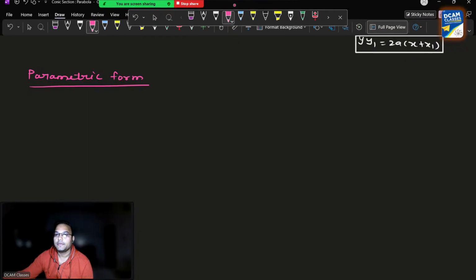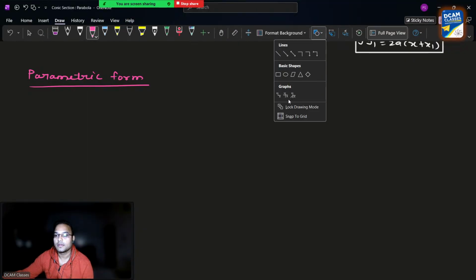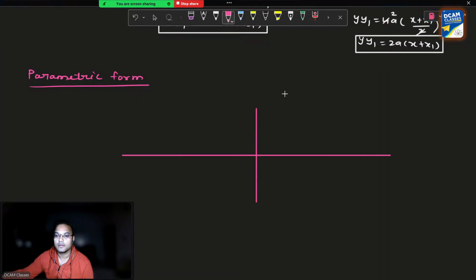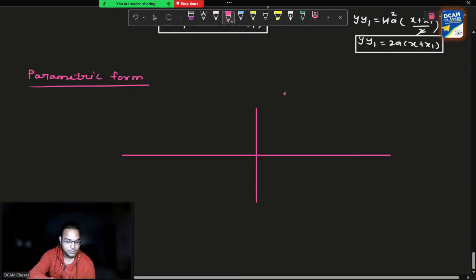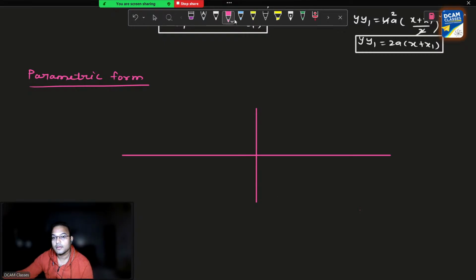Whenever you are using y square is equal to 4ax.